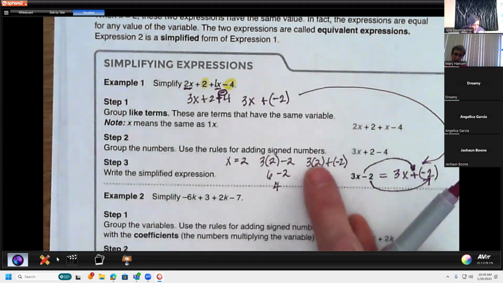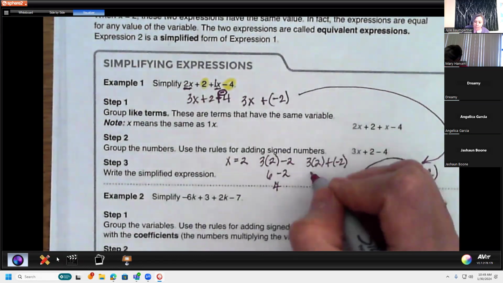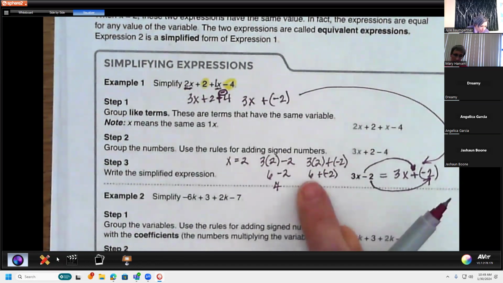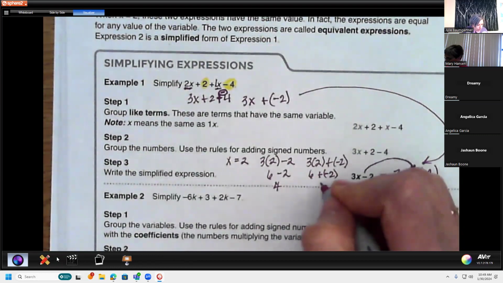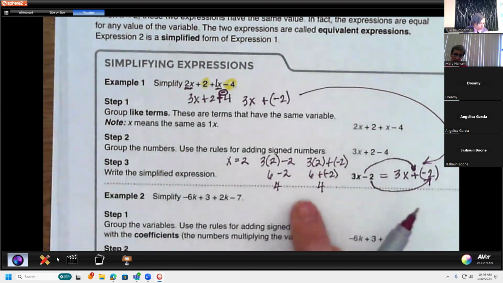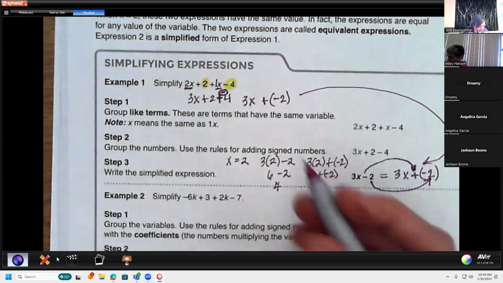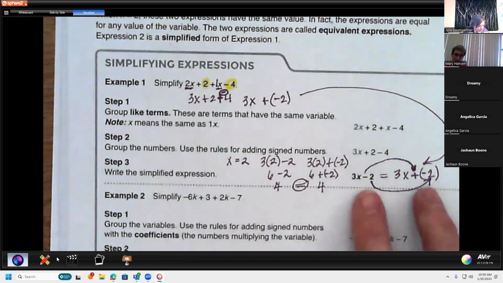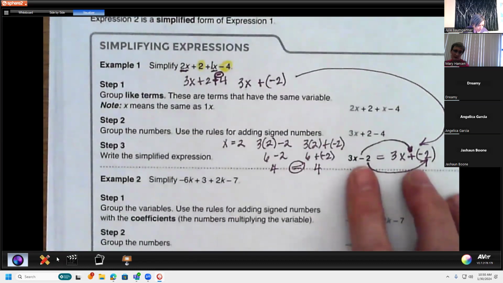For this one, I do 3 times 2 before I do my addition. 3 times 2 is 6. 6 plus -2, the signs are different, so I subtract and I keep the sign of the larger. The 6 is positive, so the answer is positive. And these 2 are equal. These 2 expressions are considered equivalent.